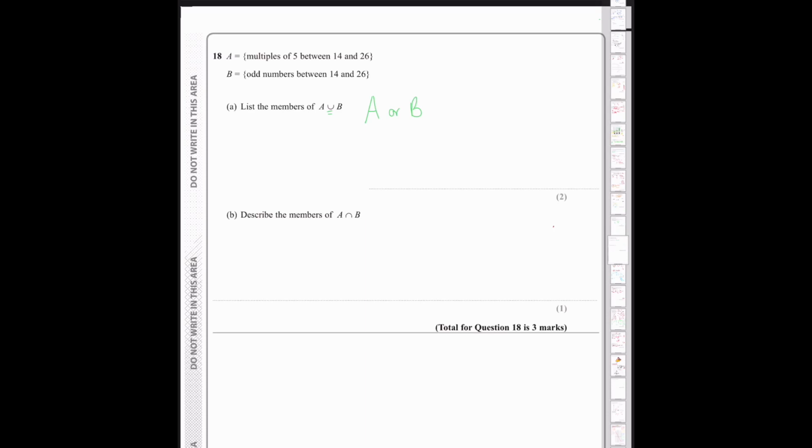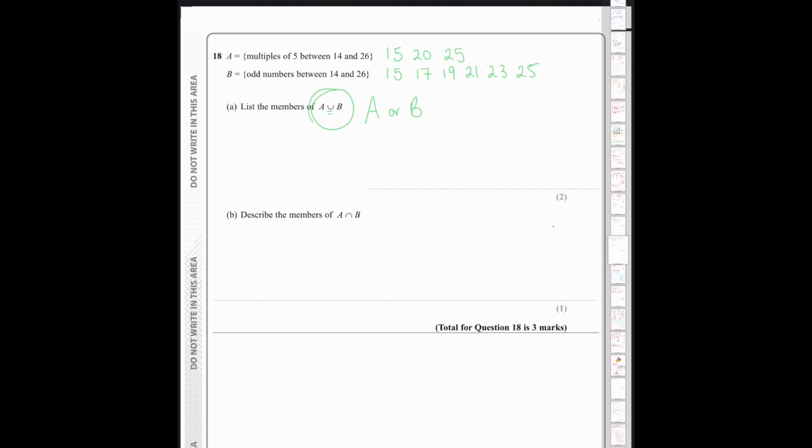What I mean by that is, first of all, we're going to list the multiples of 5 between 14 and 26. So that's 15, 20, 25. And then it says to list the odd numbers between 14 and 26. So that's 15, 17, 19, 21, 23, and 25. When we have this symbol here, it means what comes up in both, but we're not going to repeat them.